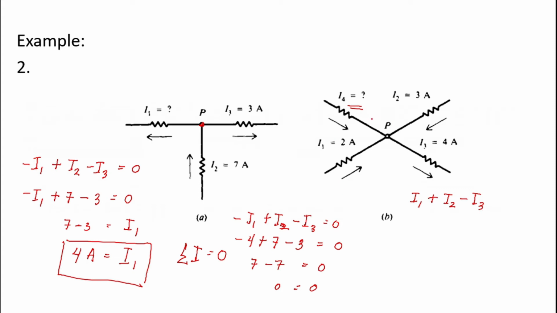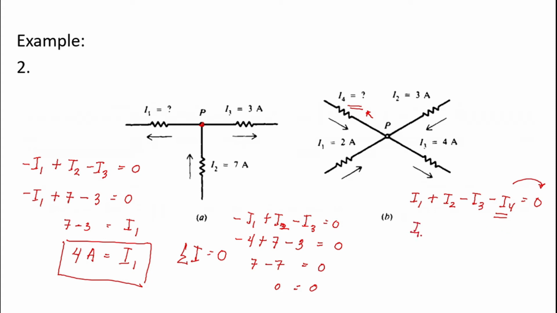So, consider natin siya as leaving the junction. Okay? So, minus I4 is equals to 0. Okay? Substitute the value. And then, si I4, since ang hinahanap natin ng value, i-transpose na natin for this equation.